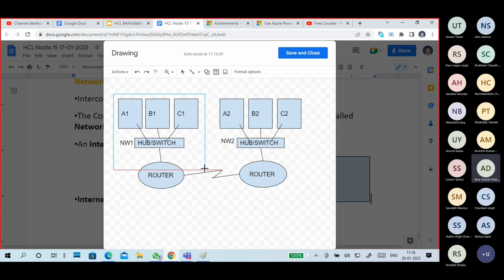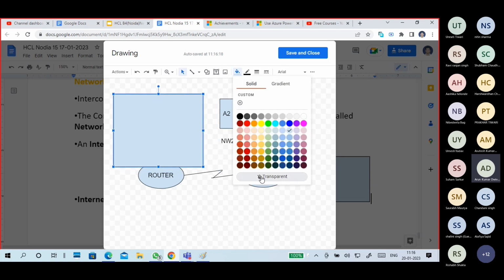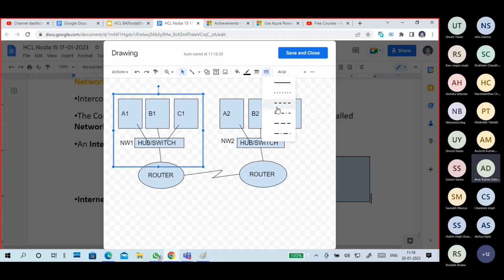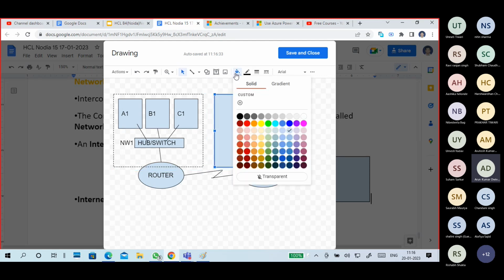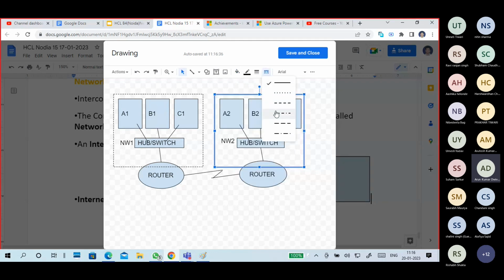So think this is one network. Drawing this will take a lot of time. This is a network, this is a network, and this is the internetwork totally.